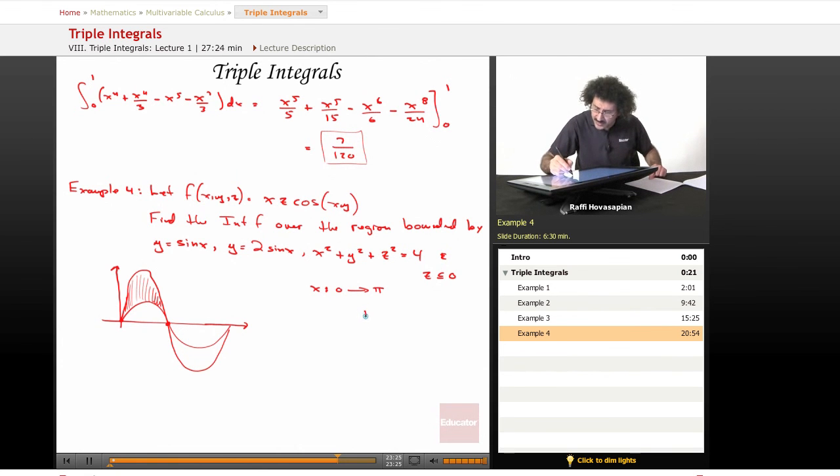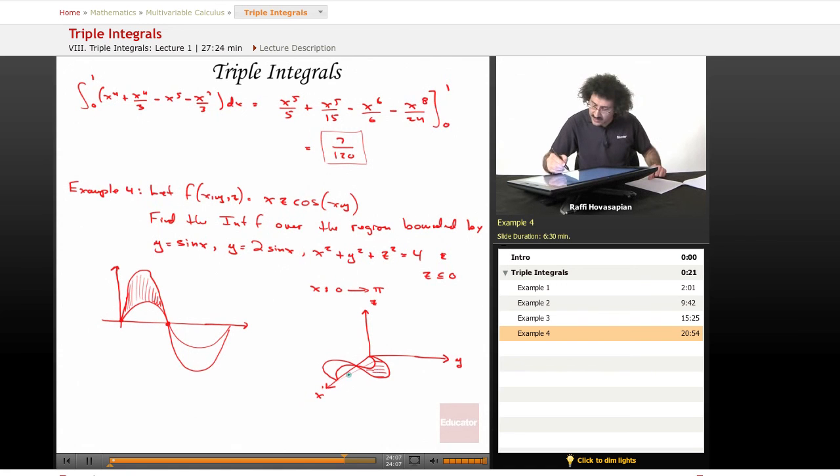Now let me draw this in 3 dimensions as well as I can. It's kind of difficult, and again, you don't necessarily need to see it. If you have all this information, if you have the kind of mind that can pick out what's going where, you don't need to draw it out. So this is x, this is y, this is z. So y equals sine x, and that's sine 2x, so this is the region.